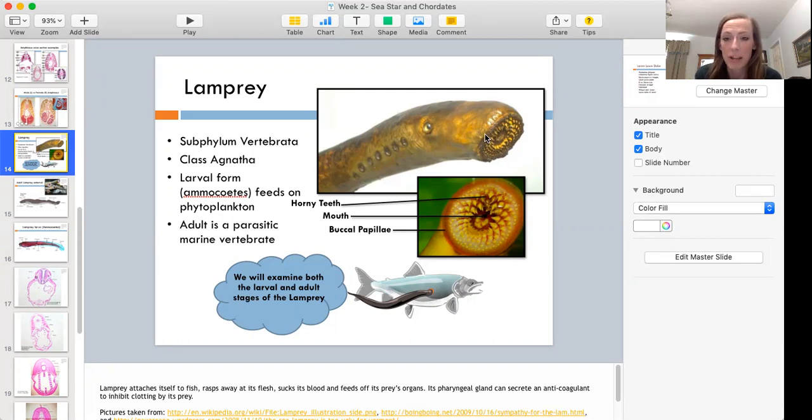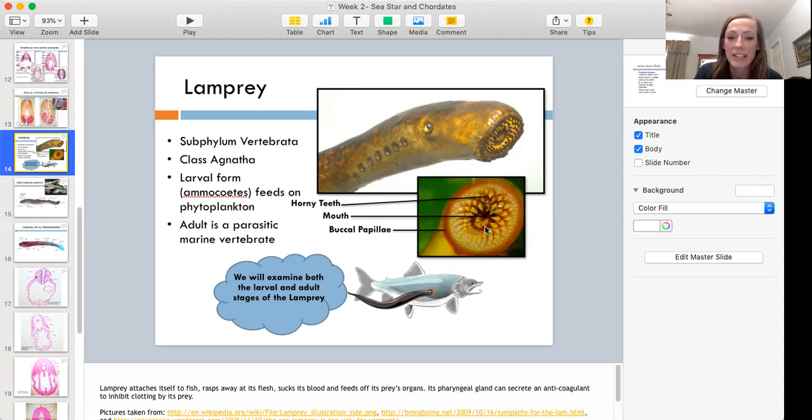It is parasitic because as an adult, it attaches using its horny teeth to its prey. So it can attach to, for instance, a fish, and these teeth really grasp onto the outside of its food source.